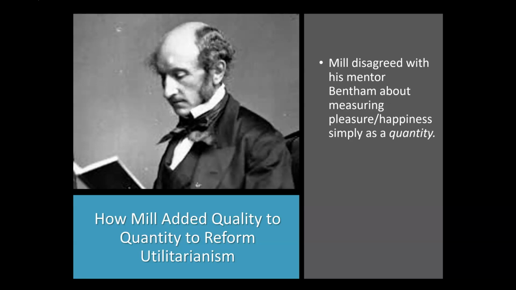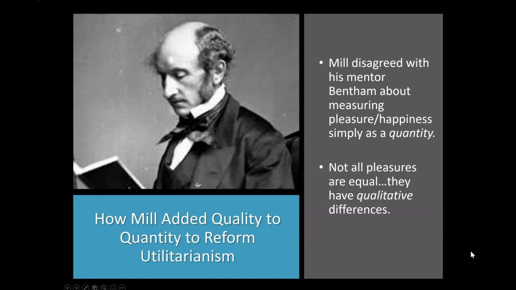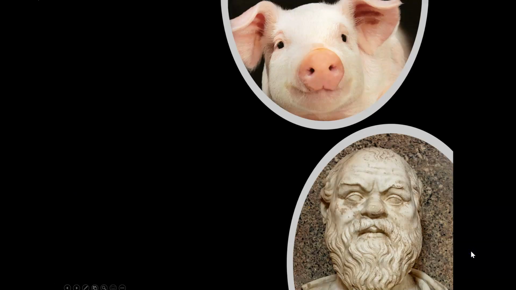Assign this monkey 3 units of pleasure, and this person got 3 units of pleasure, so they are equal. He didn't think it was that simple. In other words, not all pleasures are equal, not between humans and animals, and not amongst humans either, John Stuart Mill said. There are qualitative differences.